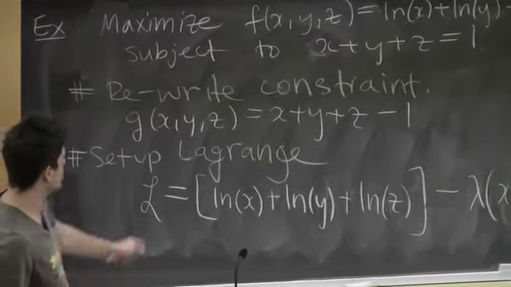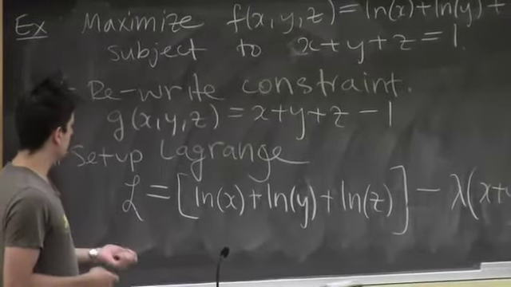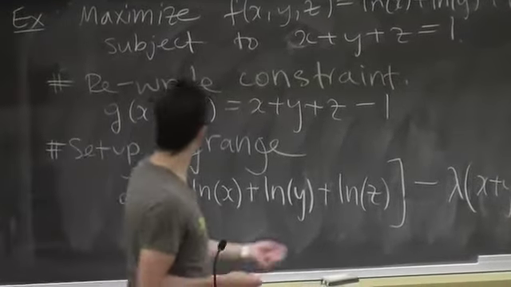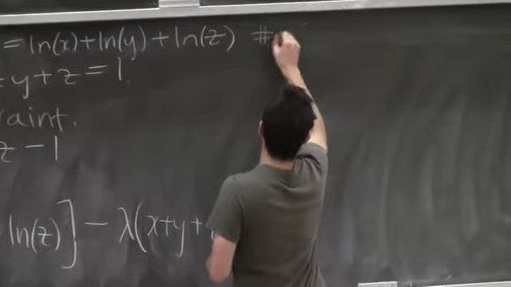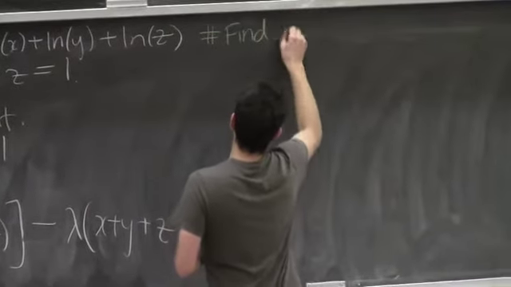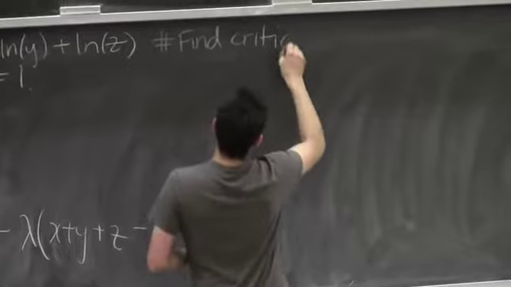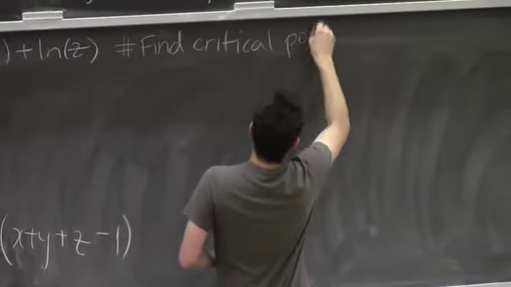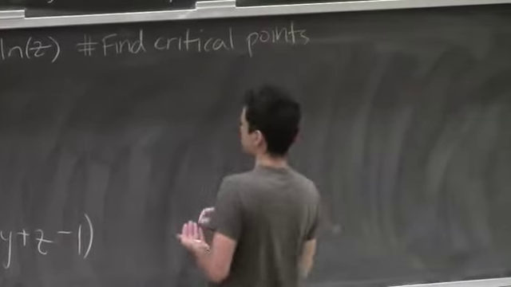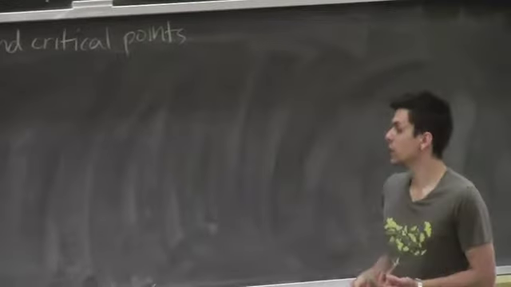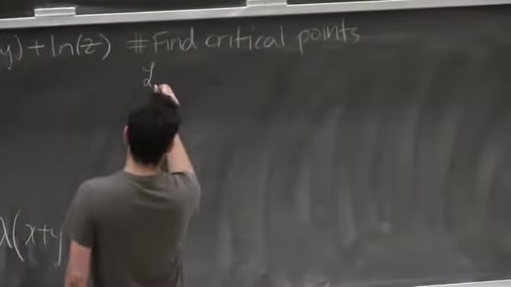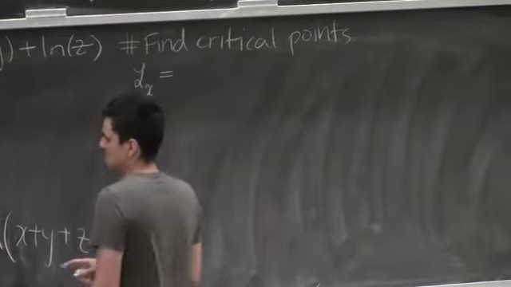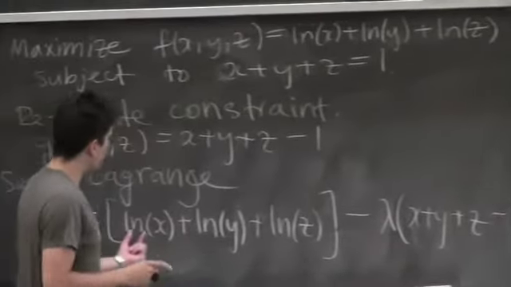Okay, so there's our Lagrange function. And now what do we do? We find the critical points. Okay, critical points. So we're taking derivatives of ln.